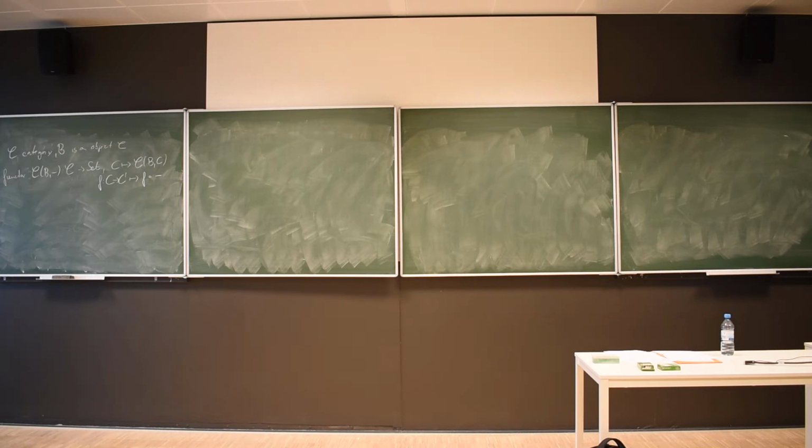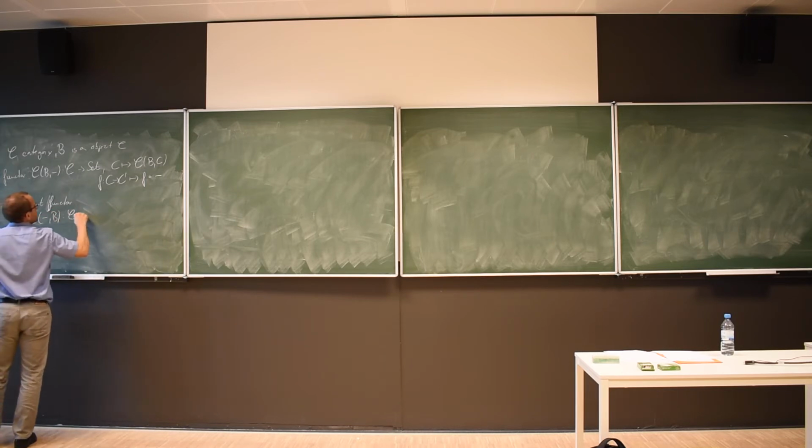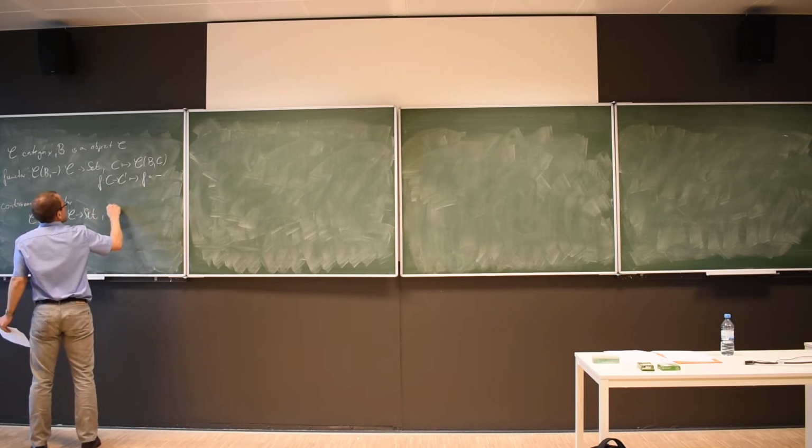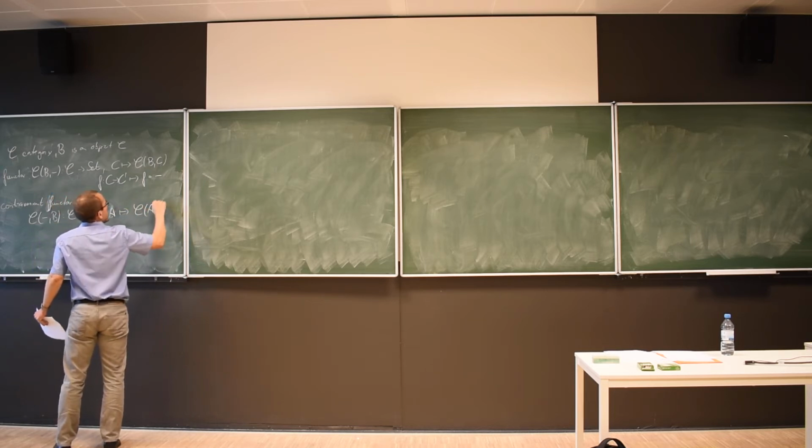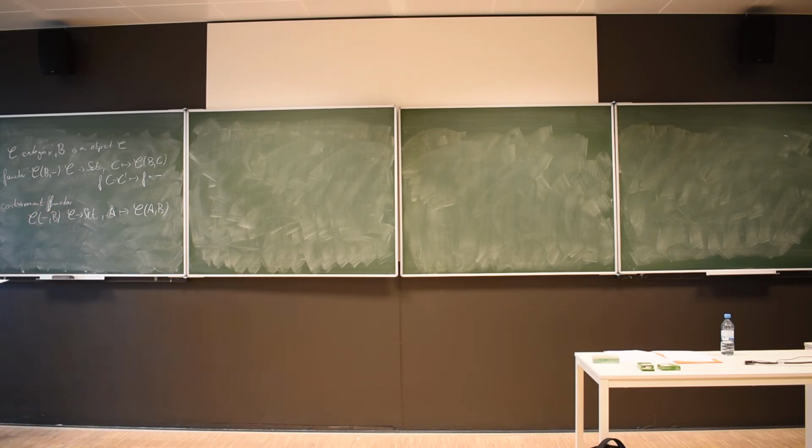This type of functor is called a representable functor, and it's a functor represented by B. And there's something analogous that happens if we put the B in the second variable, and this time we get a contravariant functor that's denoted by C(-, B), and this is now the functor from C to the category of sets that sends an object A to the set of morphisms from A to B in the category C. And again, we have to say what it does on morphisms.